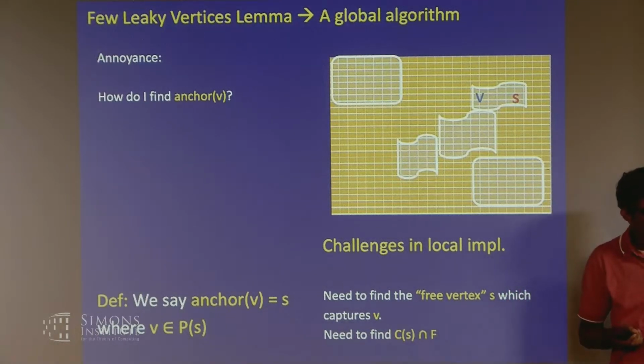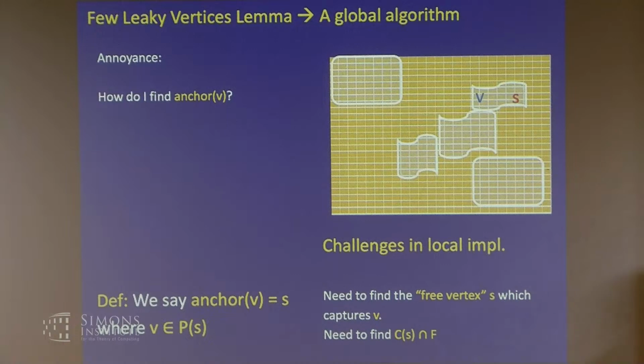If random walks from S reach V after L steps with probability at least alpha, then random walks from V also reach S after L steps with probability at least alpha. So I can find a list of suspicious vertices that I reach with good probability. I start random walks from V, collect all those vertices that I can reach with good probability, and ask which one of them is my anchor.